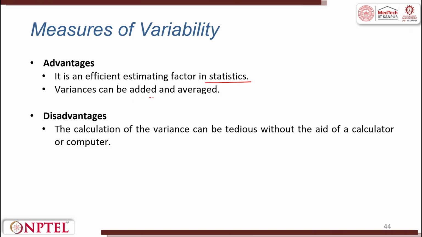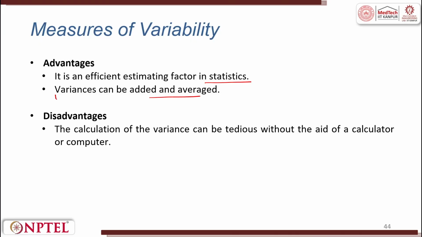Variances can be added and averaged. That is why variance is always the most used factor for determining the spread, because variances have additive properties. Standard deviation is the square root of the variance. Though the overall degree becomes equivalent to the mean, since we squared the values and then took the square root, the degree becomes equivalent, but that cannot be added or subtracted.